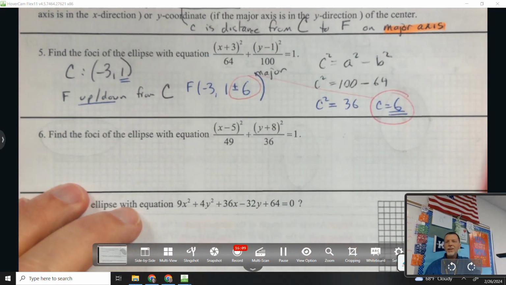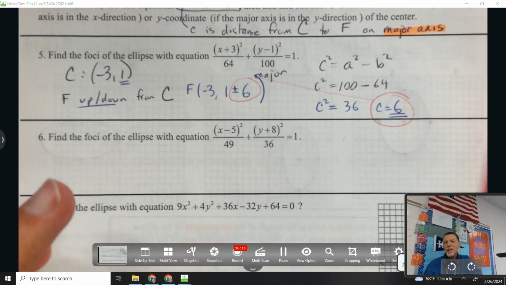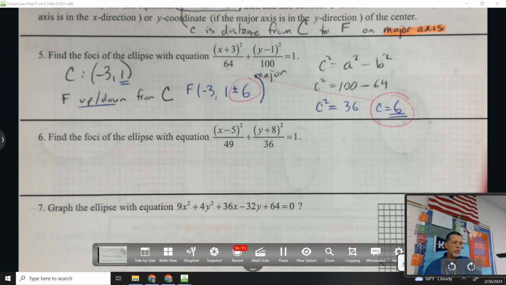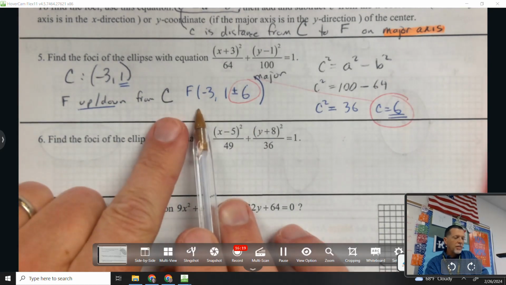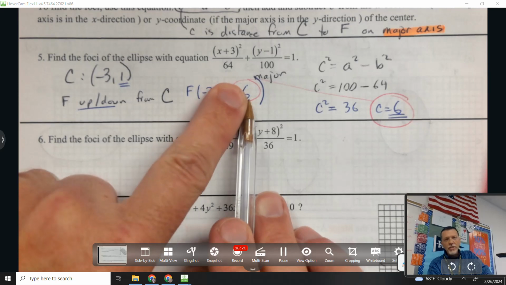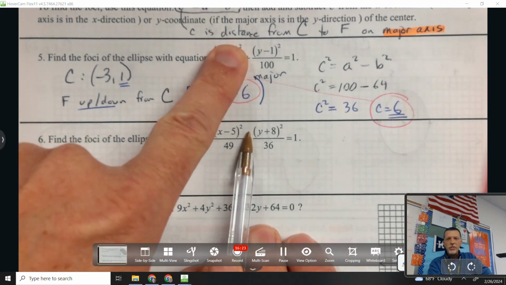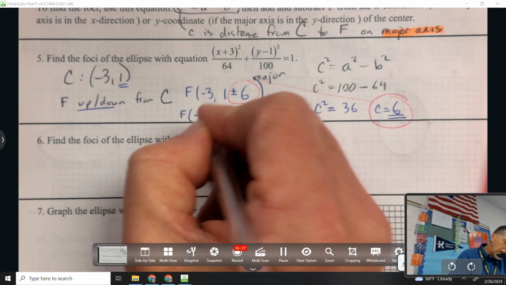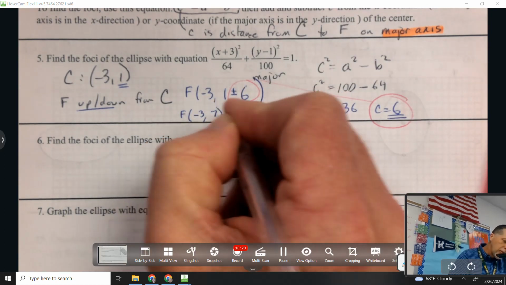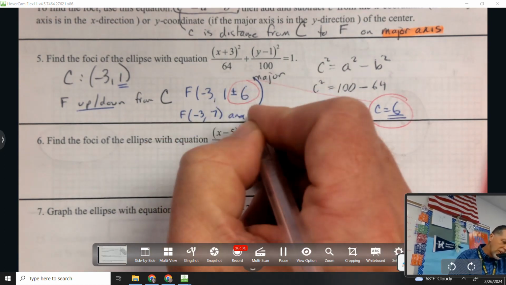And depending on the answer choices, that might be enough. Negative 3, 1 puts me at the center. And then from the center, if I go up and down 6, I've got the foci. Now, again, depending on the question, it might actually want you to do the plus 6 and the minus 6.